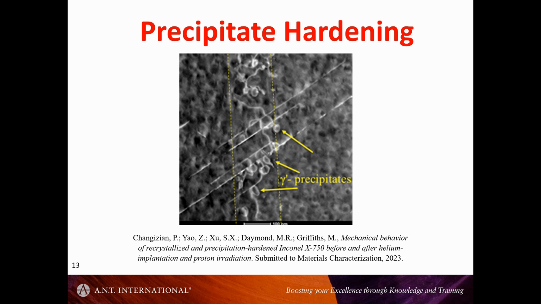So in zirconium alloys, a lot of their hardening comes from solution hardening. It's just basically the addition of tin or the addition of niobium raises the friction stress in the lattice, and therefore raises the yield strength accordingly by solution hardening.